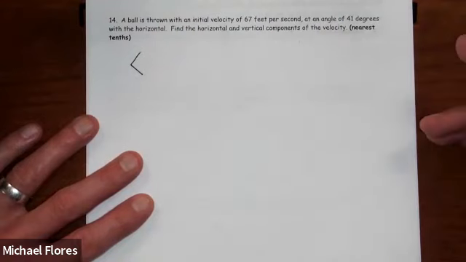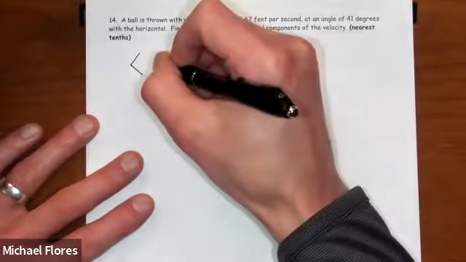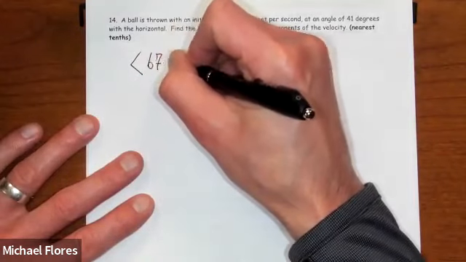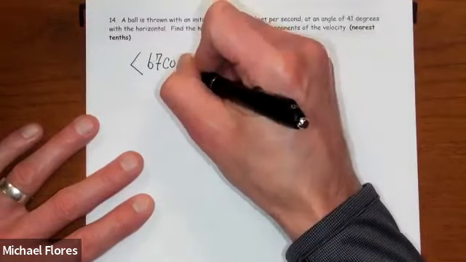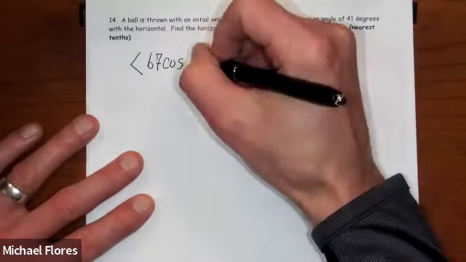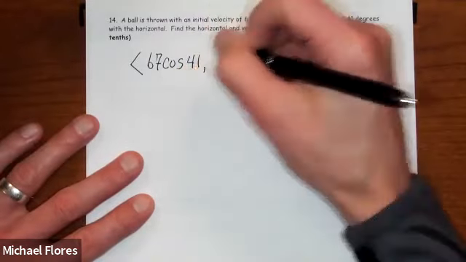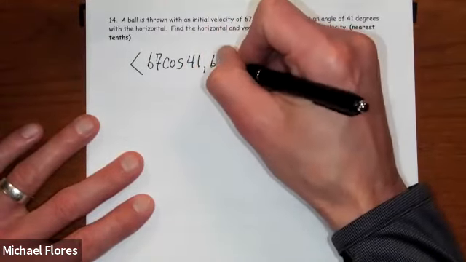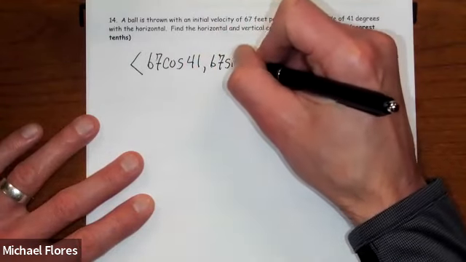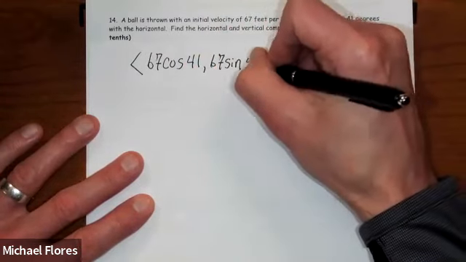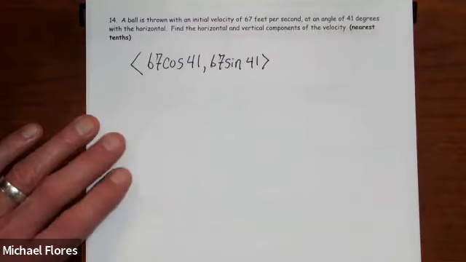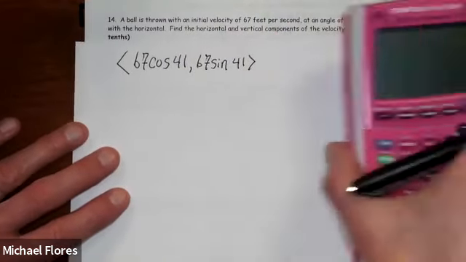So a ball is thrown with an initial velocity of 67 feet per second. So 67 cosine, and then the angle. 67 sine angle. Plug those in your calculator.